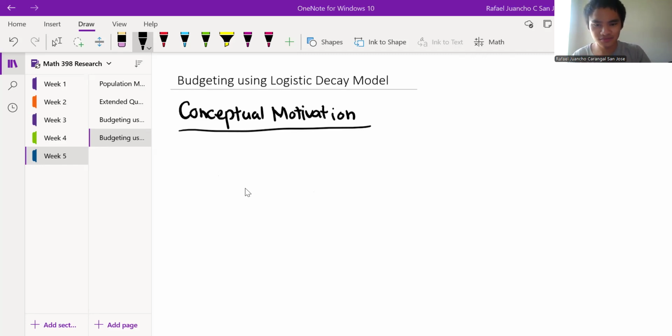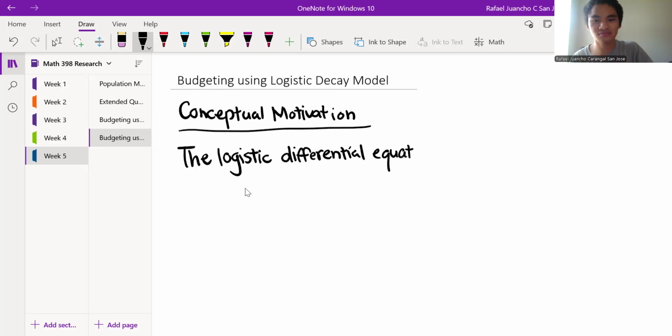And so, just to summarize what this is exactly. The logistic differential equation is commonly used to model population growth, right?